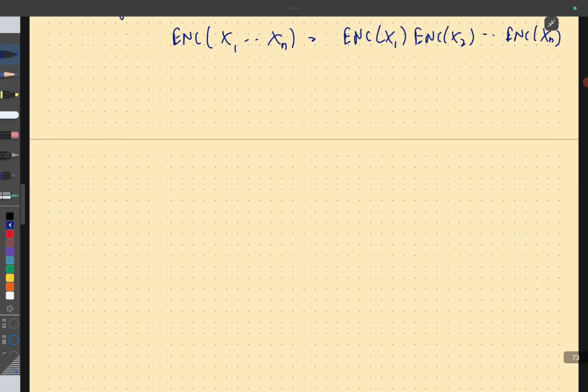To see why, let's just take a very simple example. Let's say that I have 4 symbols, say A, B, C, D, with some probabilities.